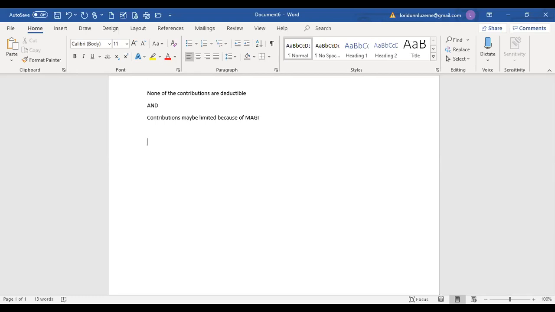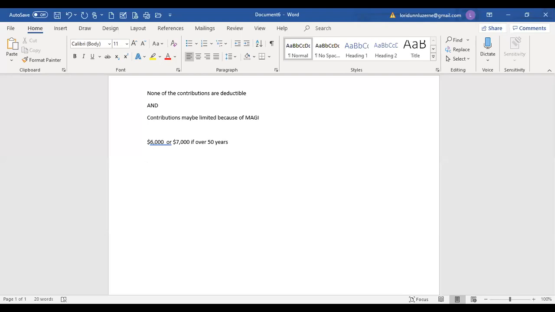Now the limitation for the contribution could be up to $6,000 per person, or $7,000 if over 50 years old. However, take a look at page 1323.